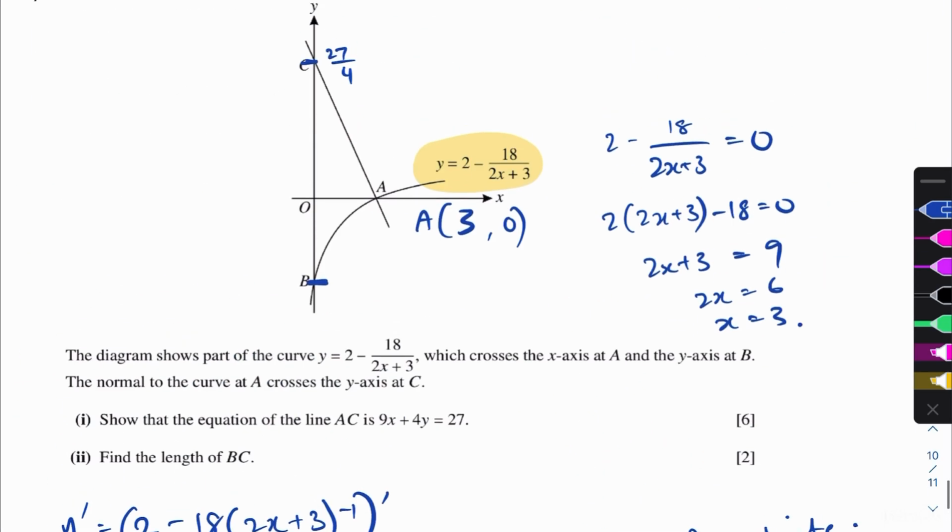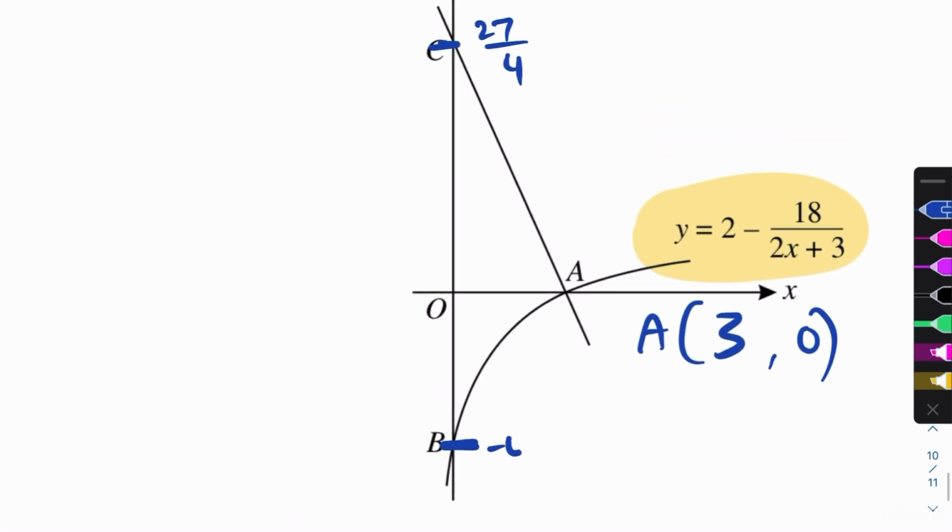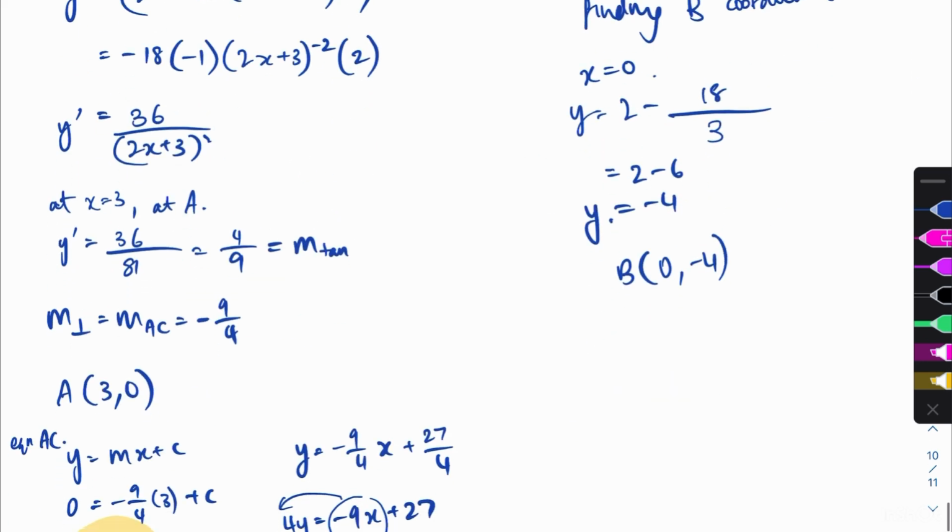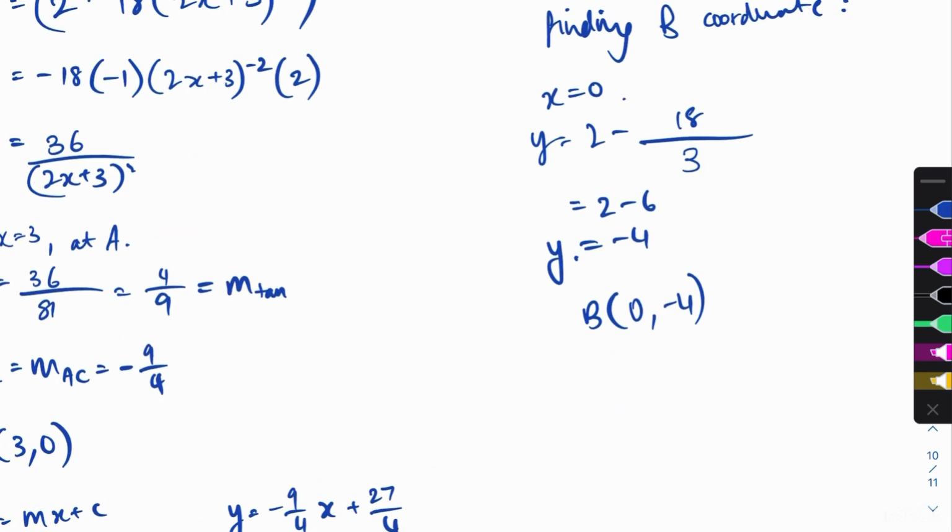So if we look back up at the graph, we know now that B is -4. So we just want to find the distance between 27/4 and -4. Length BC equals 4 plus 27/4, which, typing this into my calculator, is 43/4.